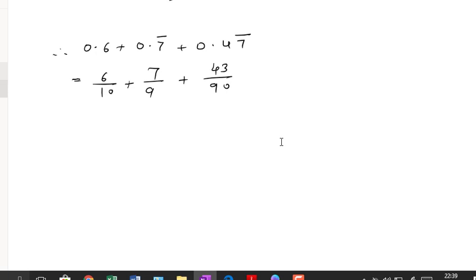Now I will find the LCM of the denominators. So LCM is 90. So what I will do, I will multiply this 6 upon 10 by 9 to make the denominator 90, plus this 7 upon 9 I will multiply and divide by 10 to make the denominator 90, plus 43 upon 90.